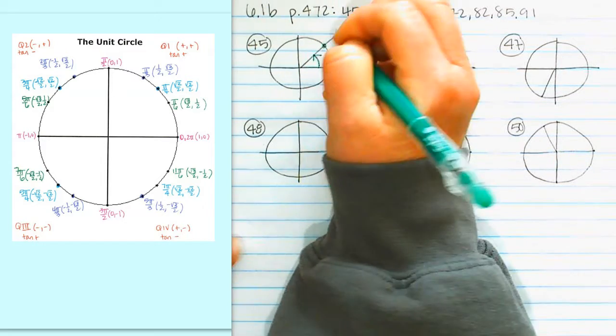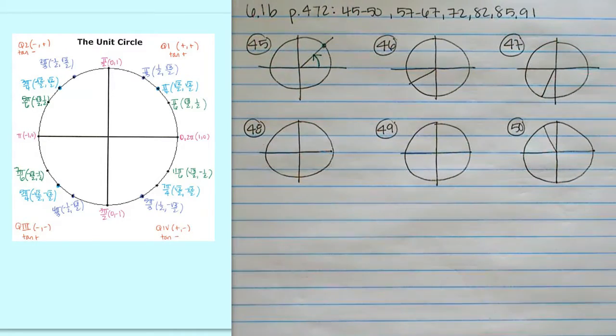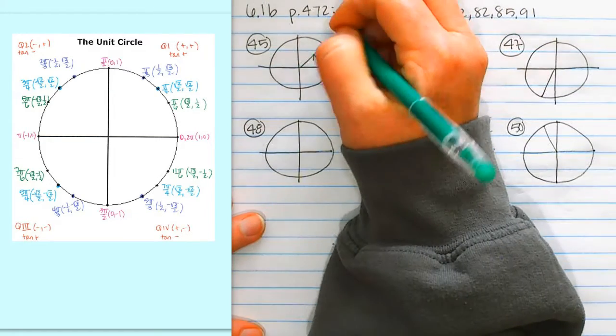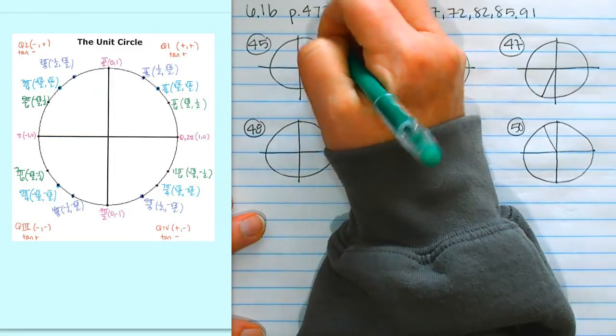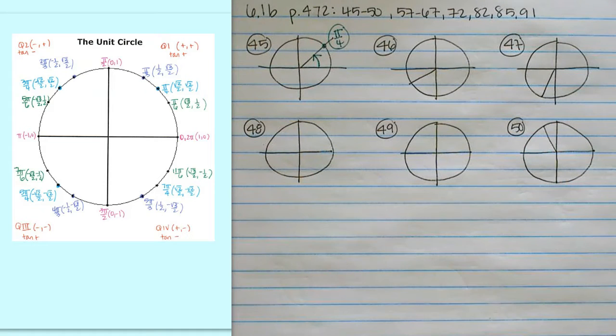And they tell us at this point, if you look at it closely, that point is, I don't know exactly what that point is, but I can tell that it's the same for X and Y. So if it's the same for X and Y, this must be pi over 4, because that's the only place on my unit circle where I have X and Y are the same. And you can tell that when you look in the book.